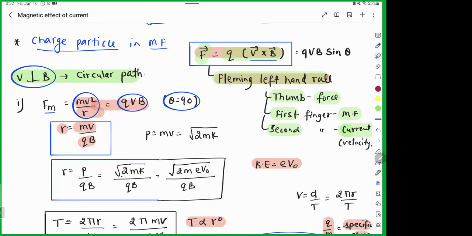You know p is equal to mv or p is equal to root 2mK. Chandana, what is K in this case?